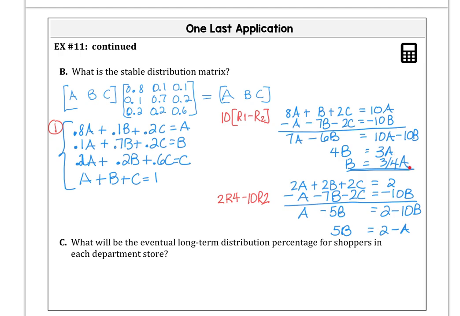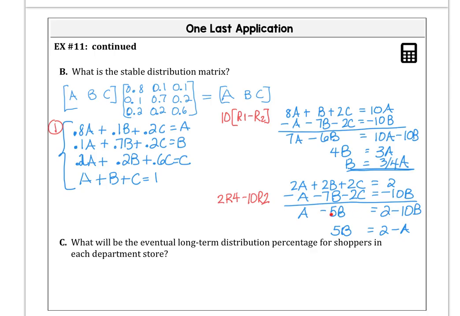And then to take 2 times row 4 and 10 times row 2 and subtract that from 2 times row 4, we get A minus 5B. C goes away again, so we've eliminated C twice. 2 minus 10B.